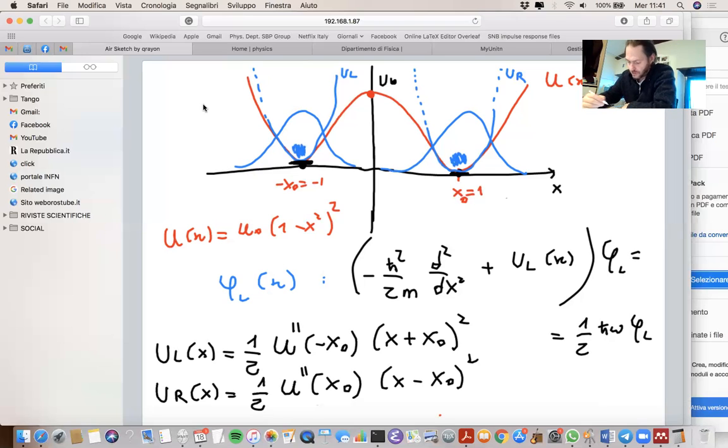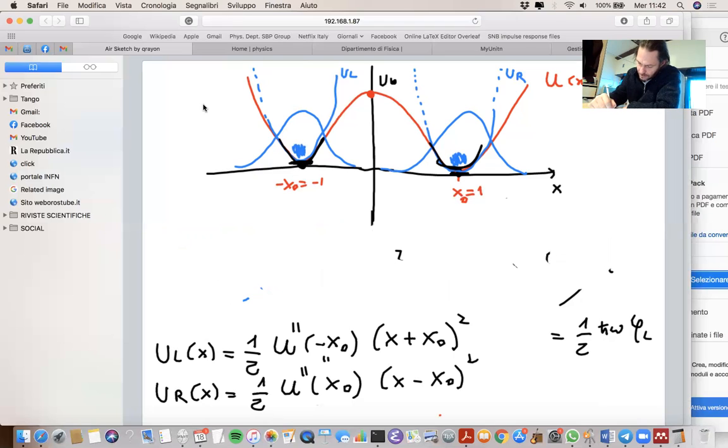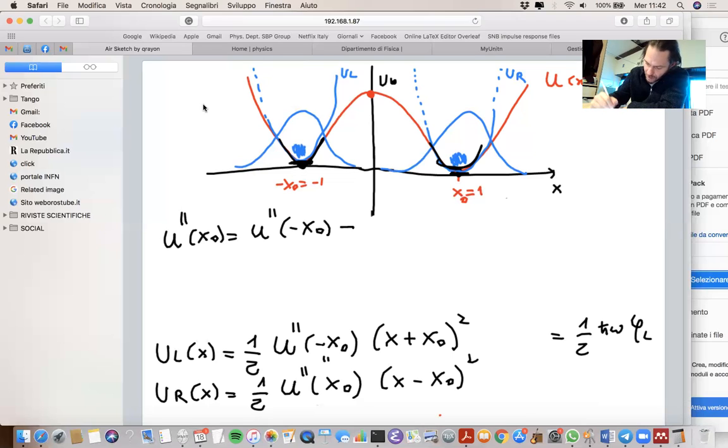So from this expression, you can really read off what omega is in both cases. These two coefficients are actually the same because the second derivative here is the same as the second derivative here. And you can match this. What you can actually say is that U second derivative at x naught is equal to U second derivative at minus x naught, and you set it equal to 1/2 m omega squared.